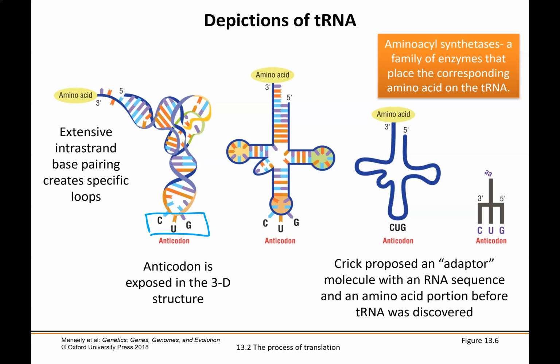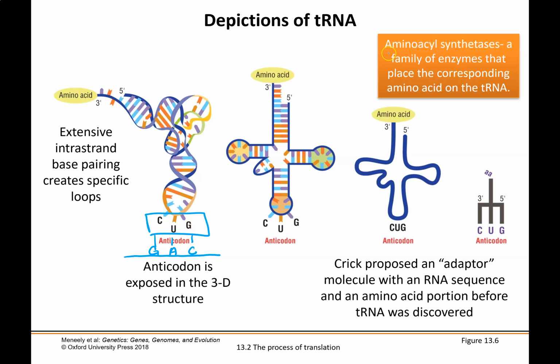Each transfer RNA is going to code for one amino acid. So this anticodon is specific for an amino acid, and it is complementary to the messenger RNA. So our messenger RNA has a code. The complementary anticodon is found on the transfer RNA.